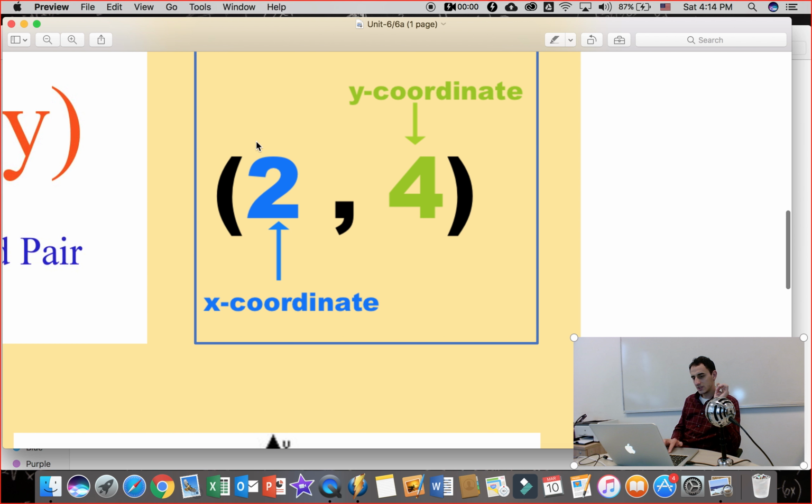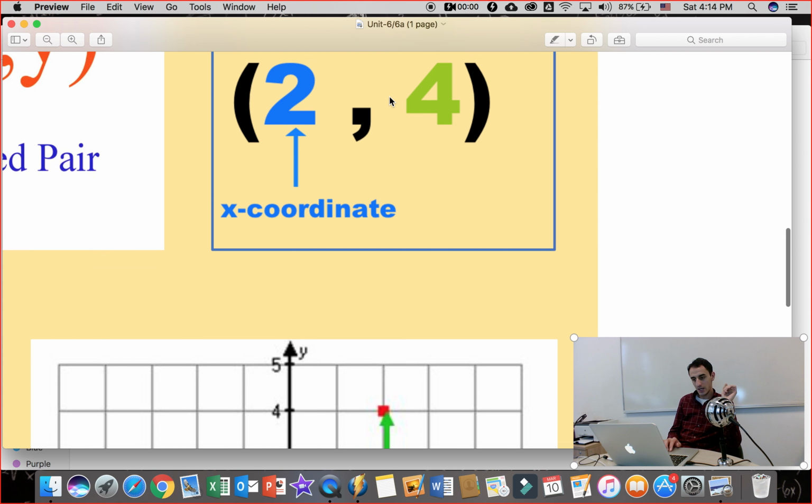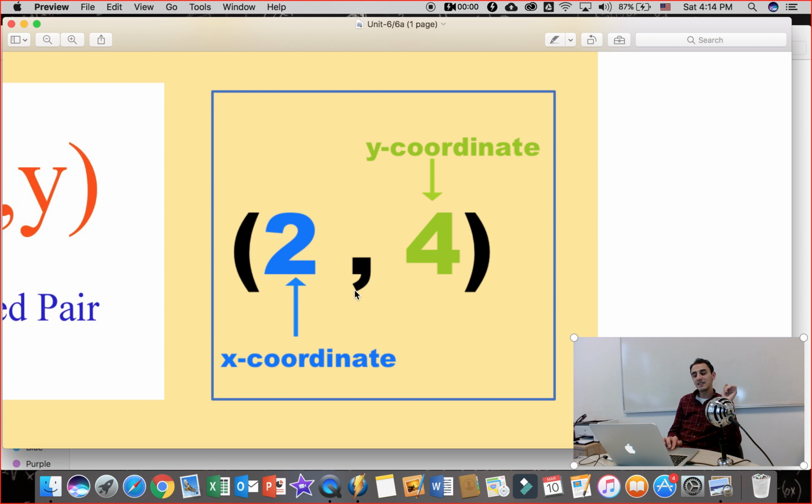So as you see, we have example (2, 4). As I said before, the first number is for x, that's why this is the x coordinate, and the second is for y, that's why it is the y coordinate. Let's find its place, its location on our field, on the coordinate plane.